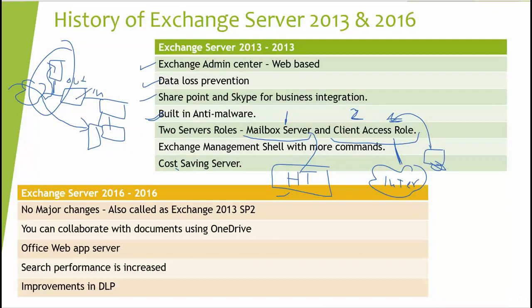So let's say you don't have any DMZ, you don't have any edge transport, any email that comes in just goes directly, for example, to the client access role in Exchange or the hub transport role in Exchange Server 2007 or 2010. So you're directly communicating with the hub transport server role, which can be insecure. That's why most organizations don't want the outside communication to take place directly to their inside network. So that's why they use the edge transport server role.